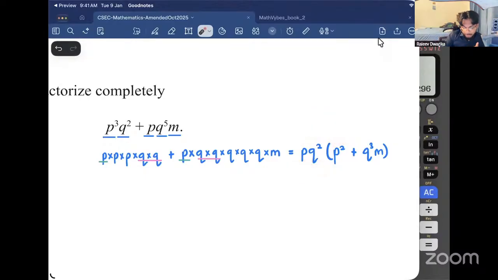Correct, because I have P to the power 1 here and P squared. When you're multiplying the same base, you add the powers, so that'll be P to the power 3 and Q squared. Good. And if I multiply PQ squared by Q to the power 3M, what happened there? P, Q to the power 5 and M. Cool, so we get back the original thing, right?